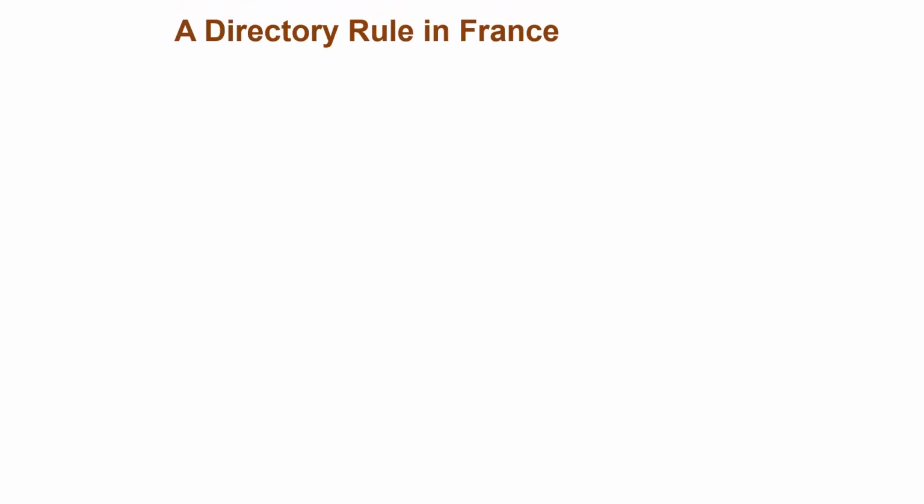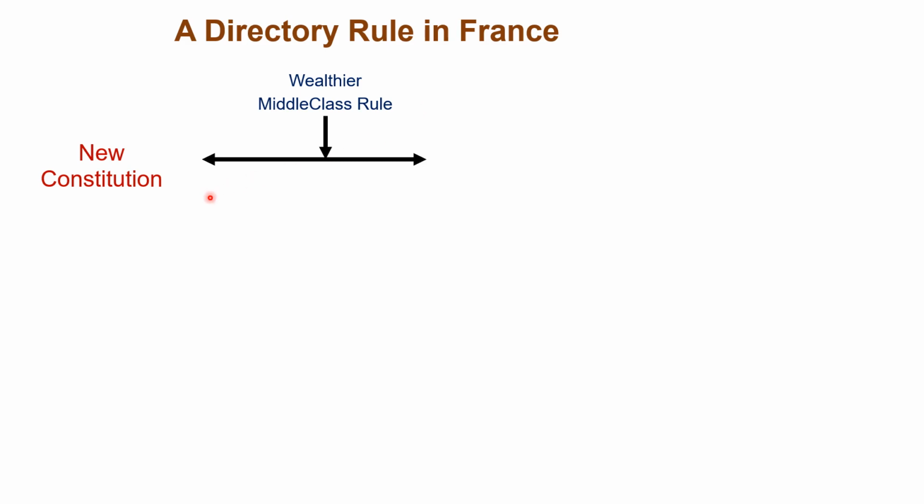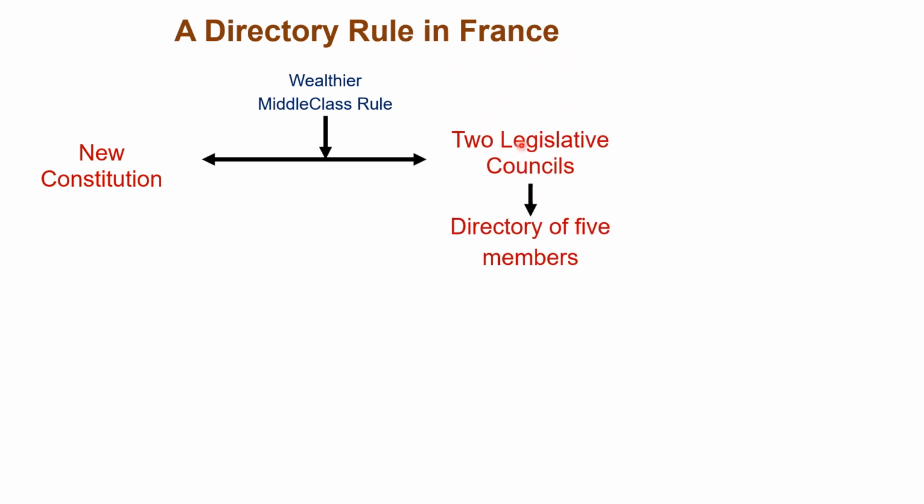The Directory in France. After the abolition of the Jacobin Club, a new constitution started in France and power again came into the hands of the middle class. Under the new constitution, two legislative assemblies were to be elected, and these two legislative assemblies elected a directory of five members.